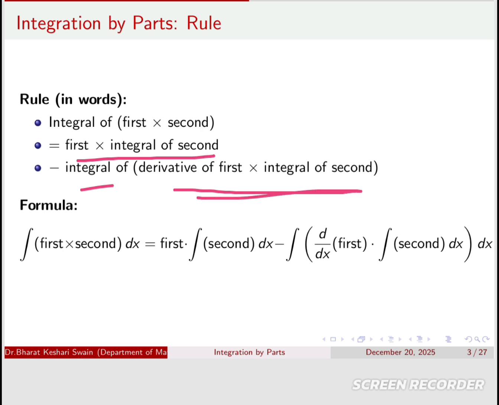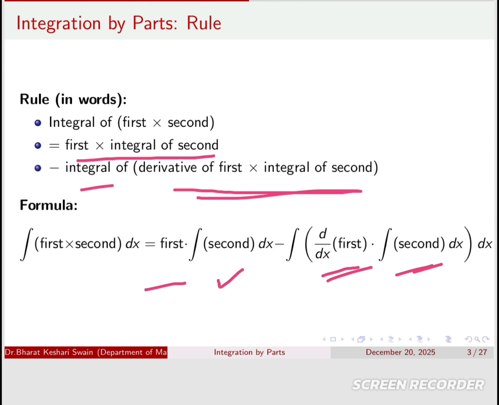That means in formula we can write like this: first into integration of second minus whole integration of derivative of first, integration of second. And to apply this rule, we have to choose what is your first function and what is your second function.